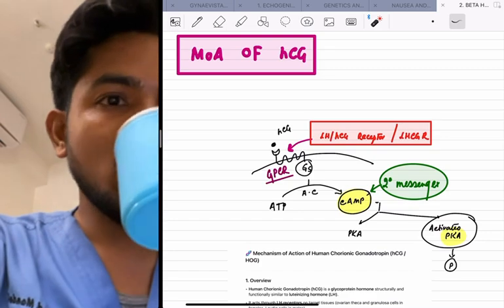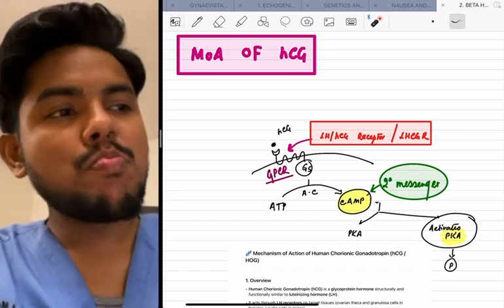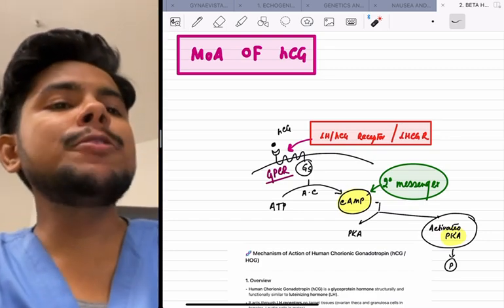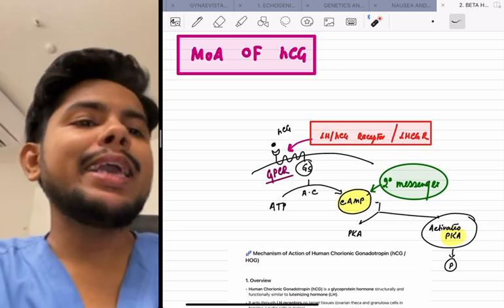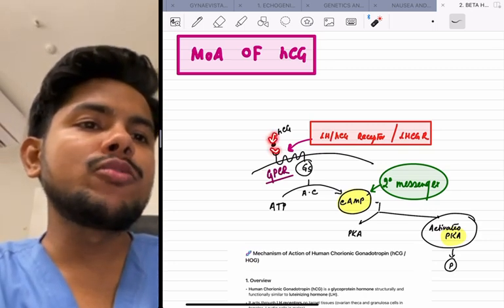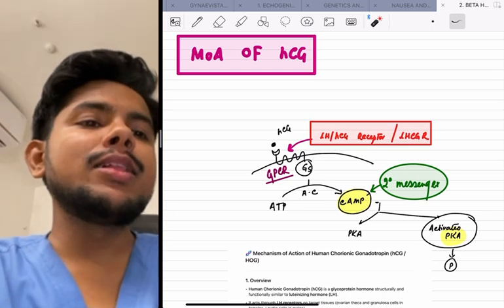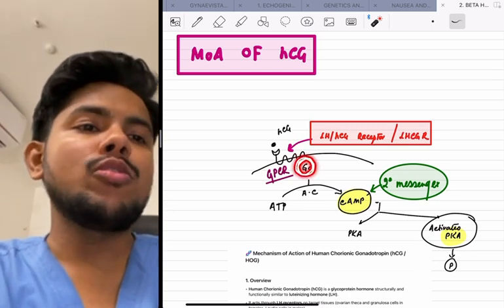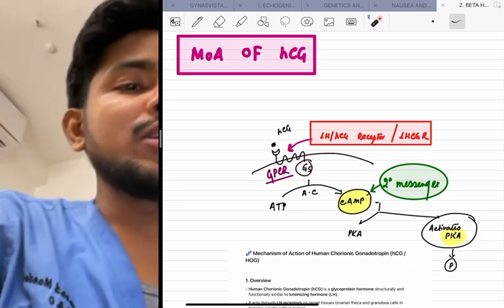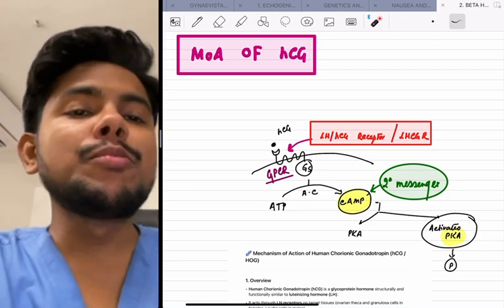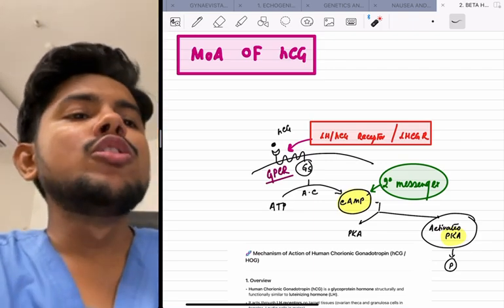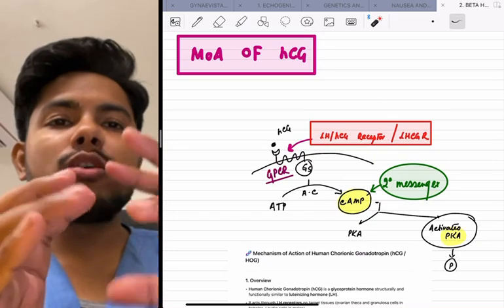Now, when the hCG binds with this receptor, inside the cell it is attached to GS. GS stands for G stimulatory. All right, so that GS has 3 subunits.